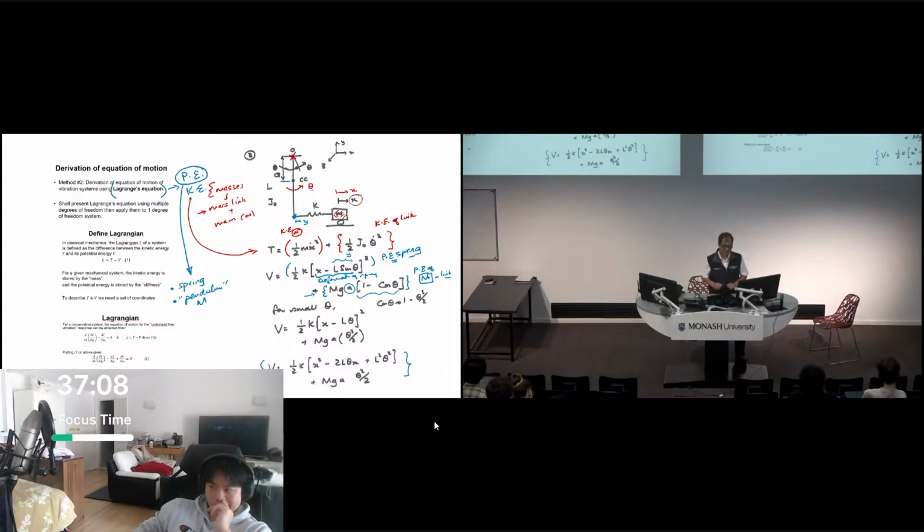Yes. So the moment of inertia you've taken about the bar rotation, J naught. Do we have to write that J naught in terms of the center of gravity, or can we just leave it in terms of J naught? Oh, yeah. This is J naught, about this point. If you write it in terms of the center of mass, then you will have plus half m x bar squared.